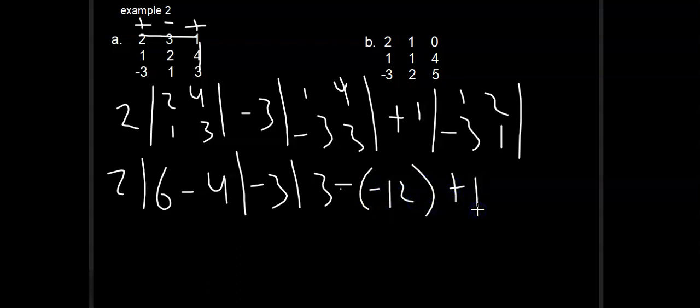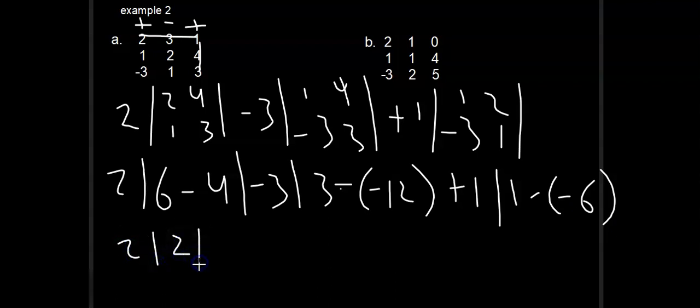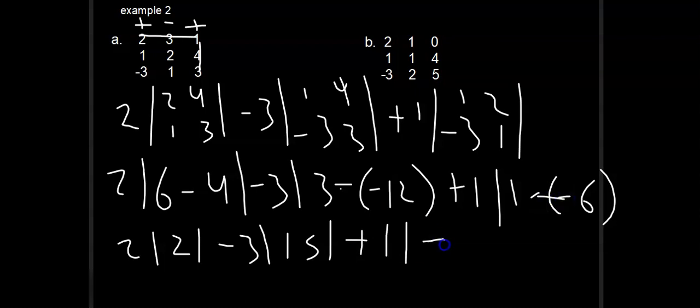And plus 1 times 1 is 1, minus 3 times 2, or negative 3 times 2, is negative 6. So 2 times 6 minus 4 is 2. Negative 3 times, this one becomes positive, so 12 plus 3 is 15. And plus 1 times, this one also becomes positive, so 1 plus 6 is 7.